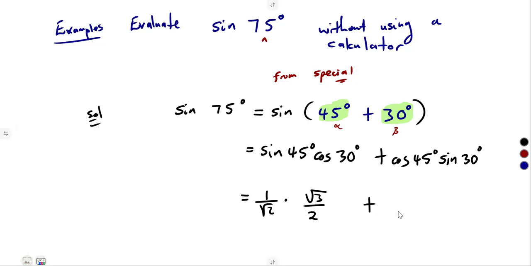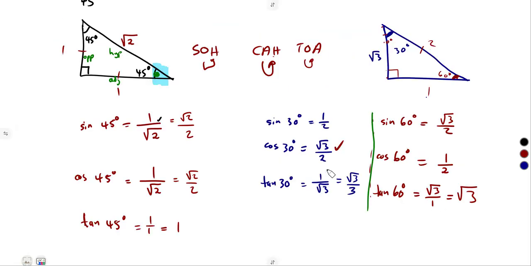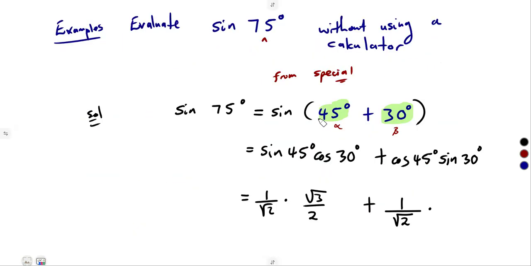Remember, cos and sine are the same: 1 over the square root of 2 times the sine of 30 degrees, which is what? 1 over 2. All right, we dealt with this one before, guys. That's why I'm just rushing here. So this is where we are.